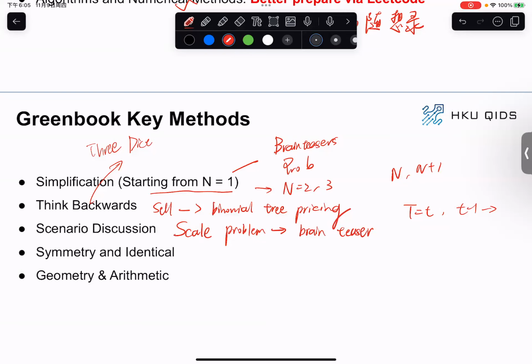The first one is about symmetry and identical. When you get started on a probability question, no matter whether dice, coin, or cards, which are your 3 best friends when you're preparing for your interview, a lot of times you need to think about what is replaceable, what is special, and whether it is symmetric or not. Why is it important?